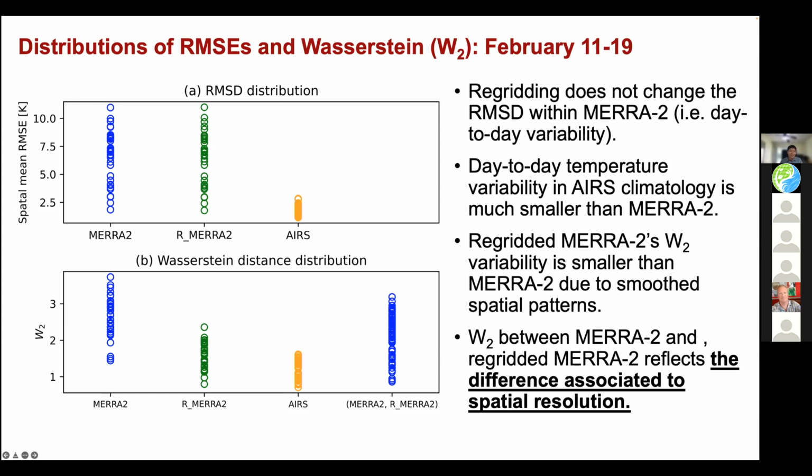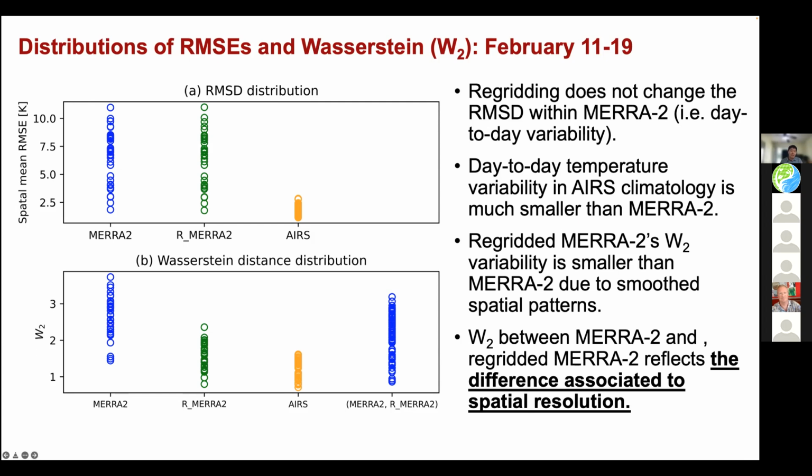I mean, it would be more surprising if we saw some difference in RMSD due to the regridding. But in contrast, for the regridded observation, the Wasserstein distance variability is smaller than the original observation. And this is because of the smoothed spatial patterns.